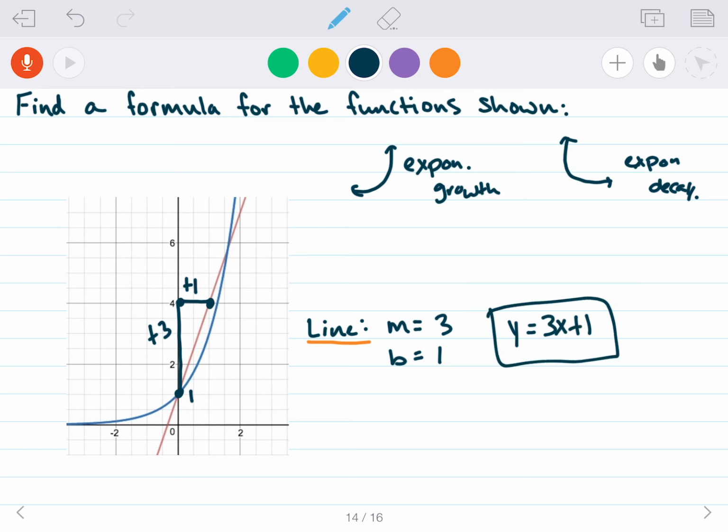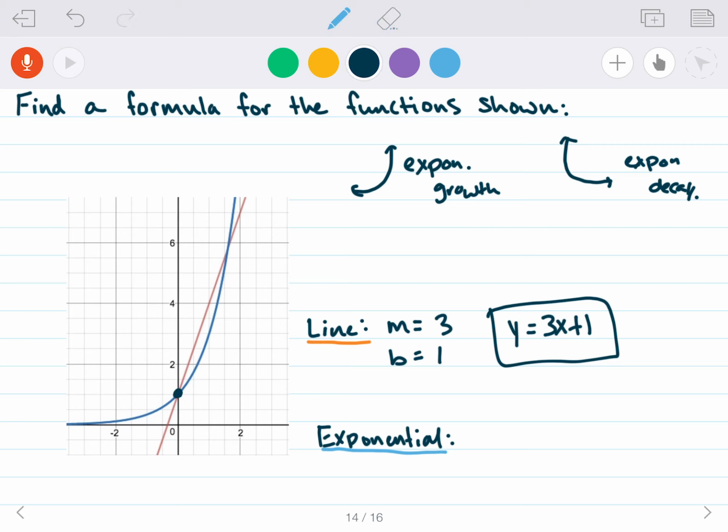Okay. So let's figure out what the exponential equation is going to look like. So the b of the line is going to be the a of the exponential because they both meet right there. So they share a y-intercept basically.